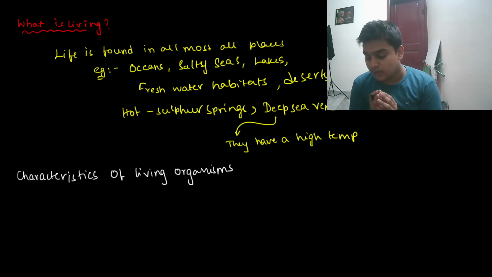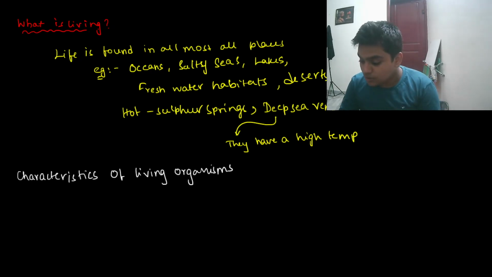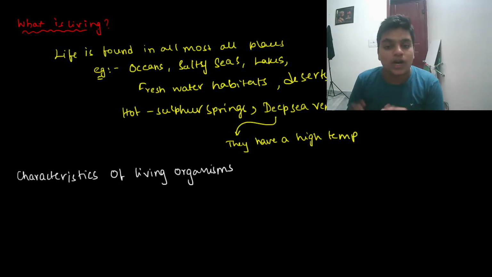Things that show reproduction are called living things. Things which have metabolism are classified under living. So we have different characteristics in order to classify items under the living or non-living category.